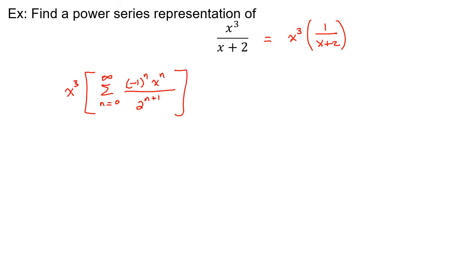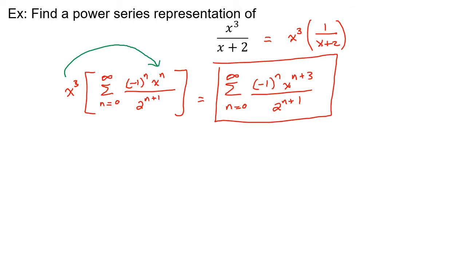And since I just have an x cubed multiplied by that, I could pull this x cubed in, like I did with the 1/2 on the last one, and make this the summation of n equals 0 to infinity of negative 1 to the n, x to the n plus 3, over 2 to the n plus 1. And this would be your power series representation for x cubed over x plus 2. So hopefully that's not too bad.